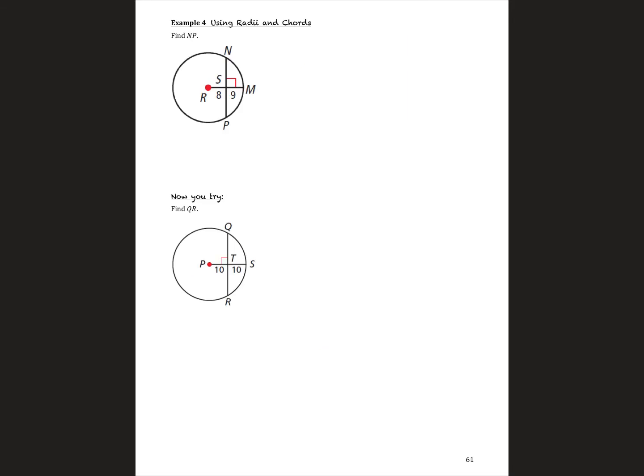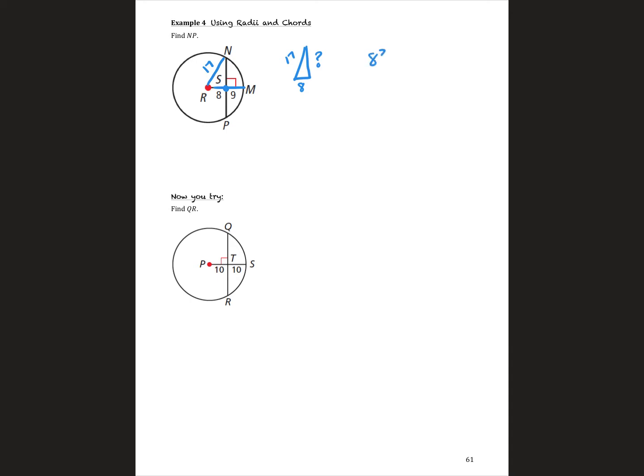Page 61, example 4. This is where you want to draw in another radius, like RN, for instance. And if the first radius from R to M was 17, then so is R to N. And then you have a little right triangle there, so it's 17. This little piece is 8, and we're wondering what N to that middle point is. And so we would do Pythagorean theorem.